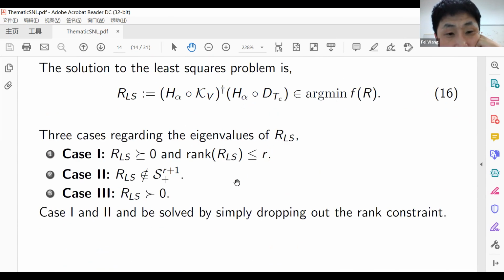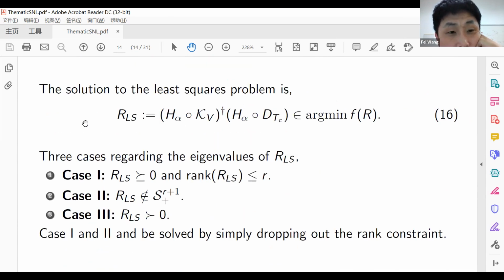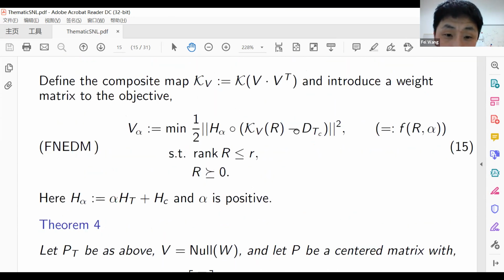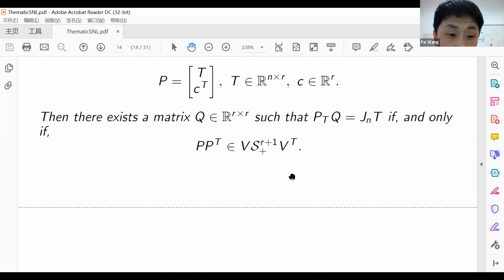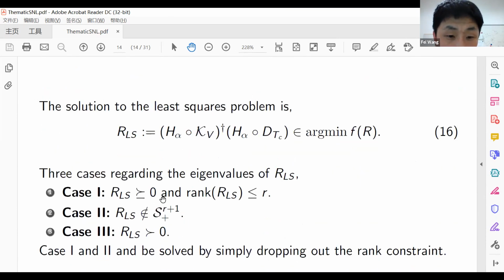So there are three cases. The three cases are differentiated by the solution of the least square problem. The least square problem is this problem without this rank constraint, without this PSD constraint. So we solve this least square problem, and if the solution is already positive semi-definite and the rank is less or equal to r, then we are happy.